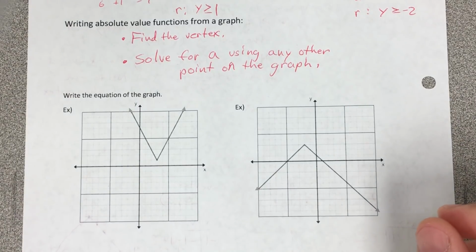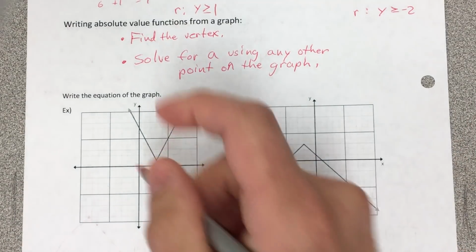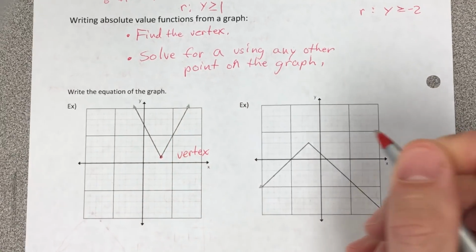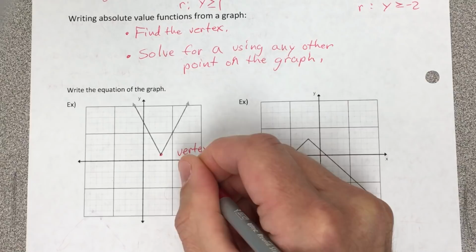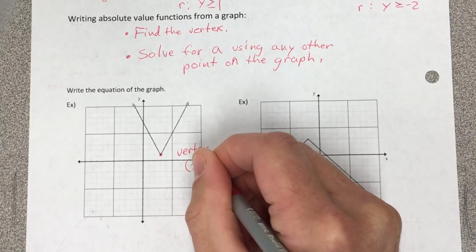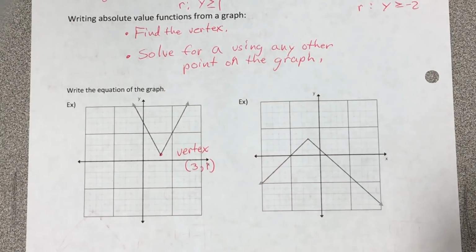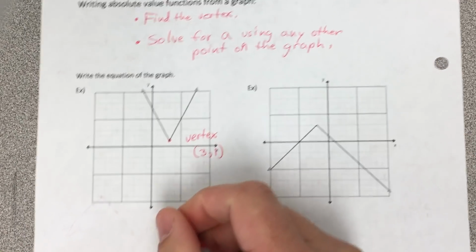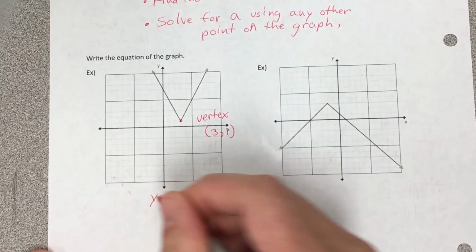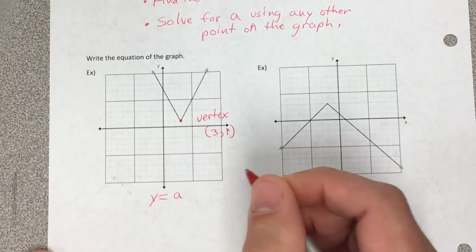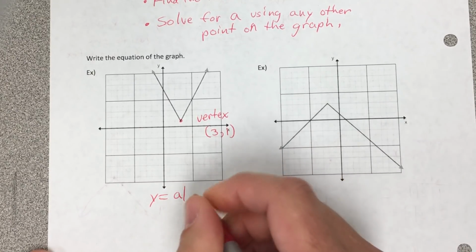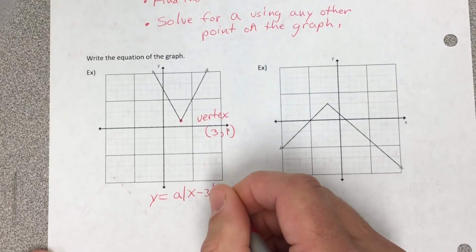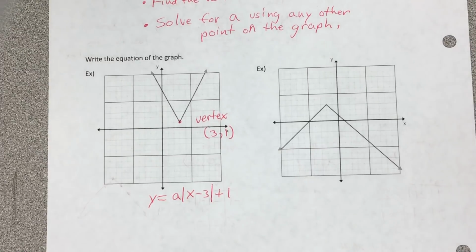Well, we've got on our graph here our vertex. Our vertex appears to be at 3, 1. And like I said, that's going to give us most of our equation right there. So from there, we can go ahead and write y equals a, I don't know what a is just yet, but I know that's going to be absolute value of x minus 3, plus 1.